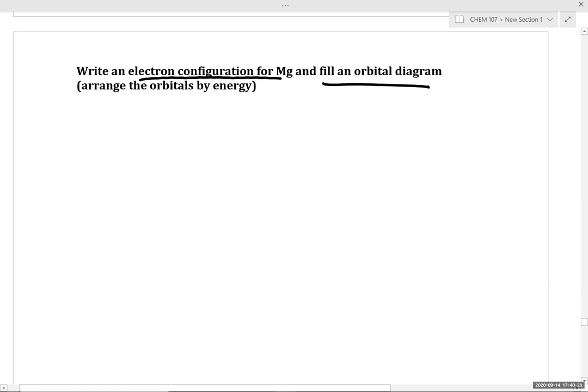With the Annotate feature, you can draw out your proposed orbital diagram or your proposed electron configuration on the empty space that I provided with this whiteboard.